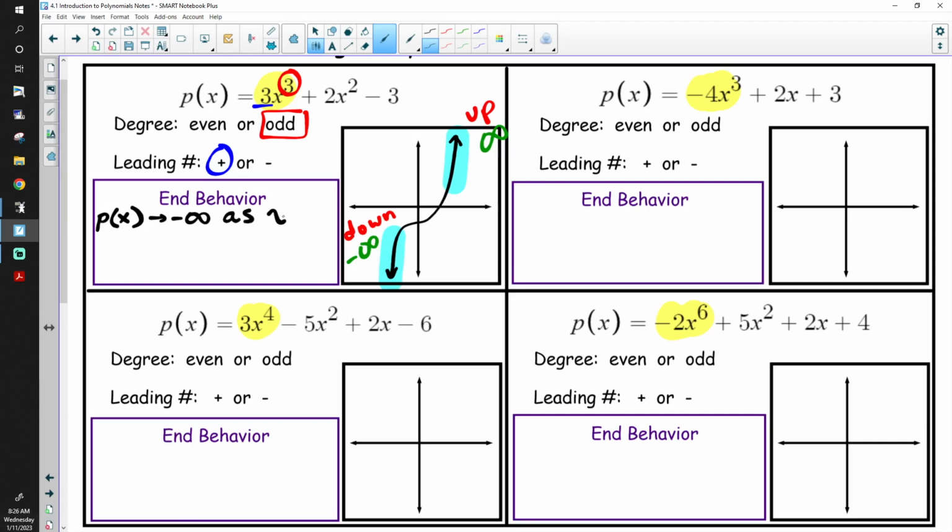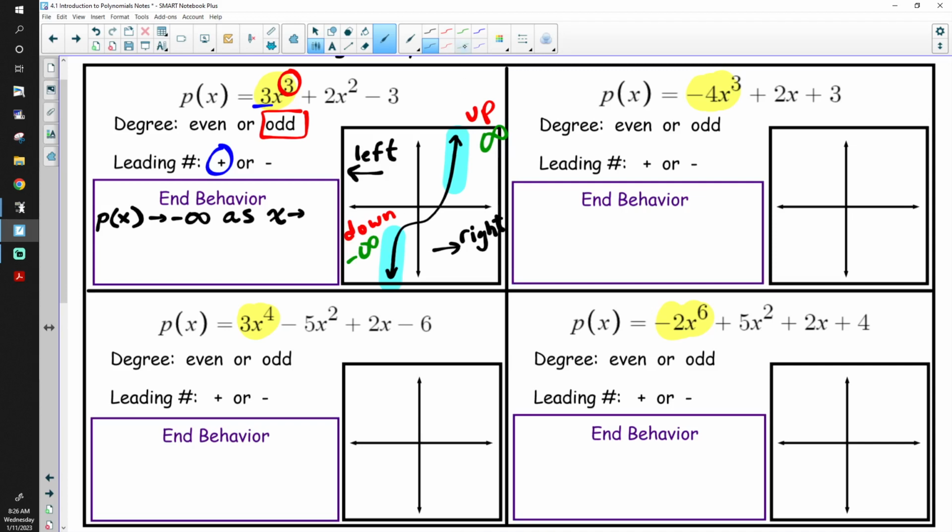As x approaches, now again, left and right are not great words. Yes, this way is left, and this way is right. But instead of left, what should we say? What numbers are we going towards when we go to the left?